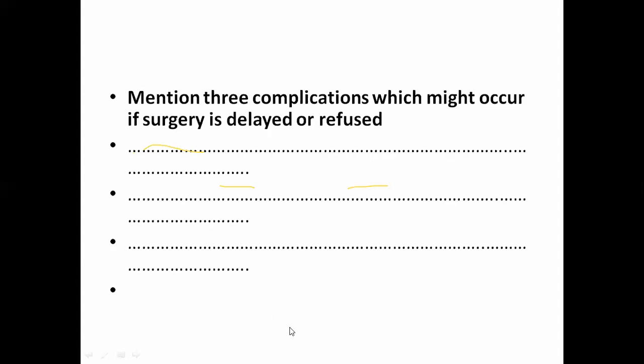But if this patient refused surgery or surgery was delayed, what are the complications expected? Mention three. Perforation. Ruptured appendicitis, which is a big peritonitis. Second, if this rupture is walled off by omentum, what will happen to the patient?